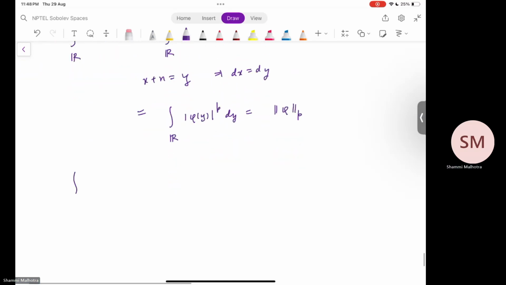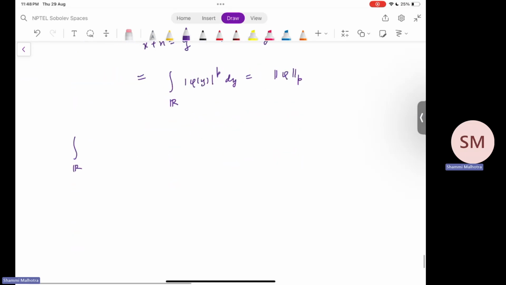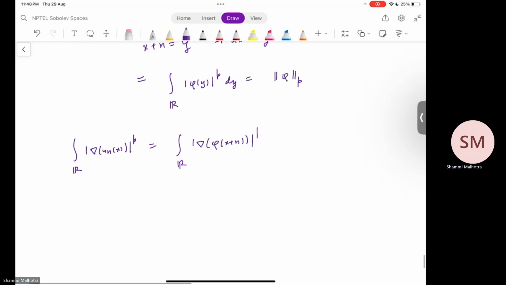Moreover, if you consider the p norm of the gradient, this is the integral of |gradient of phi(x plus n)|^p.